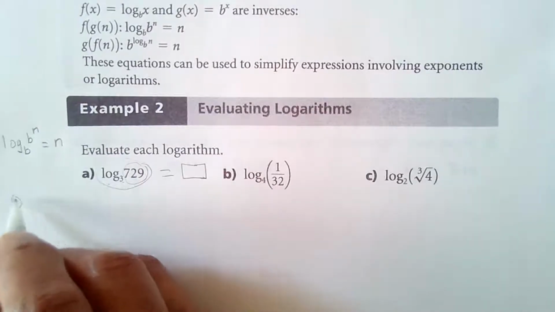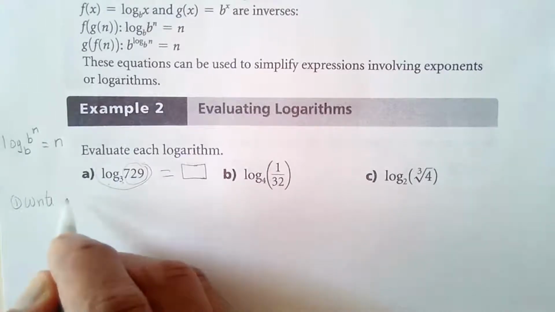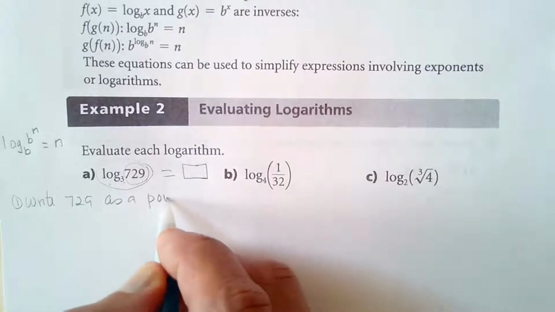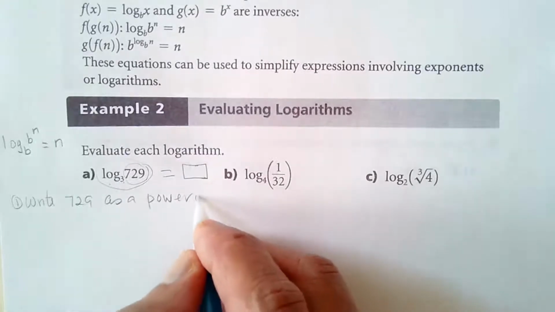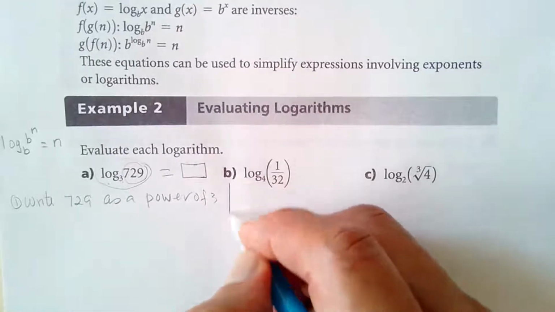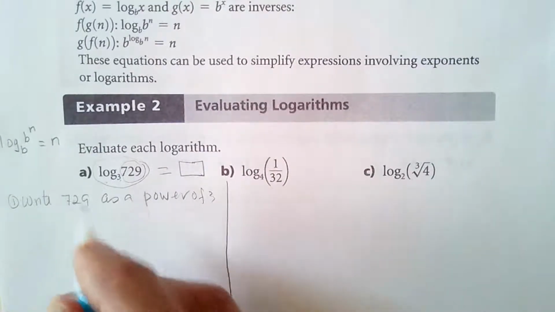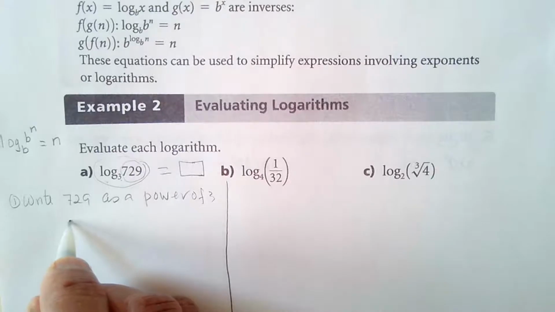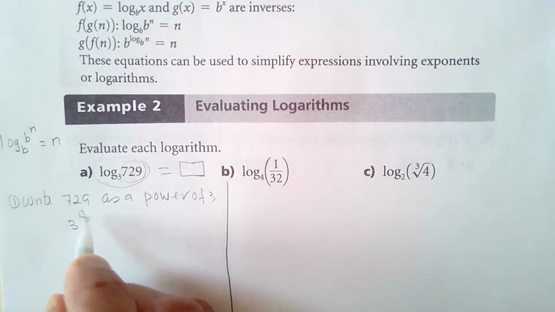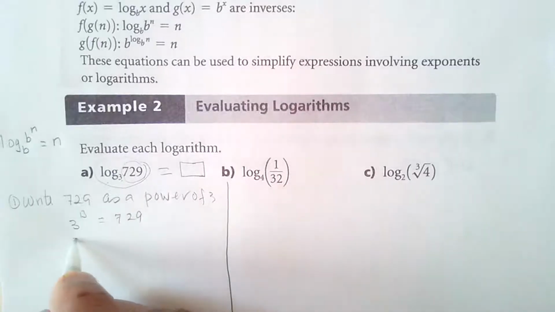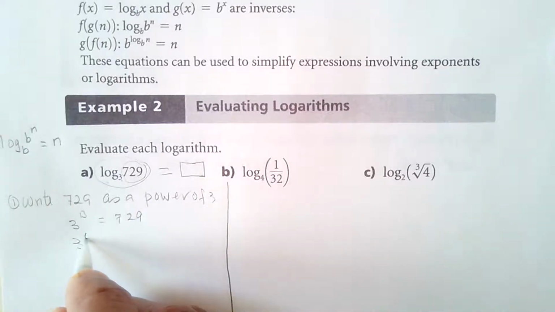So step 1, write 729 as a power of 3. So 3 to what power equals 729? And that will be 3 to the power 6.